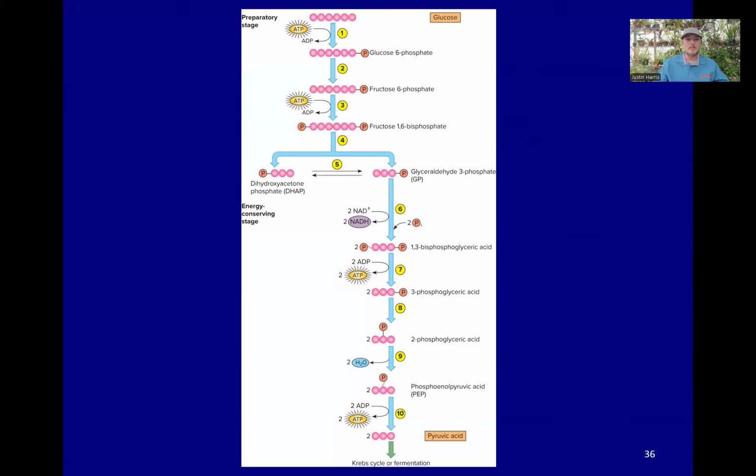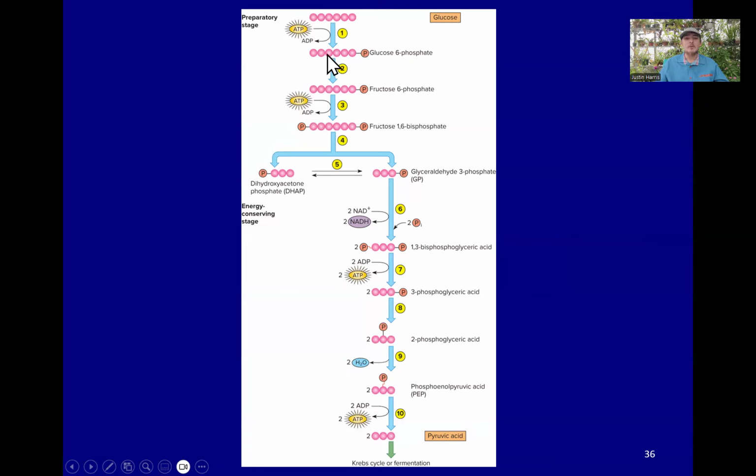So we're going to talk about glycolysis, where we have this 6-carbon sugar, which the first step is getting phosphorylated. And this takes an ATP to phosphorylate this, and so it takes work to get this phosphate group on this glucose.